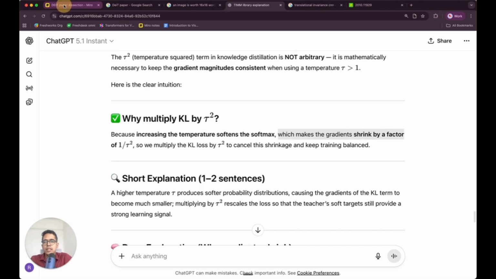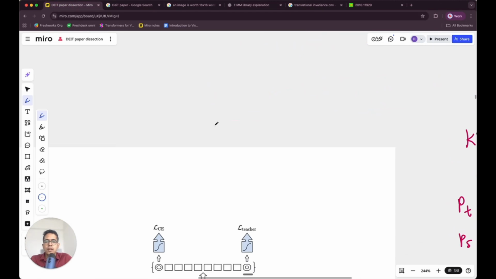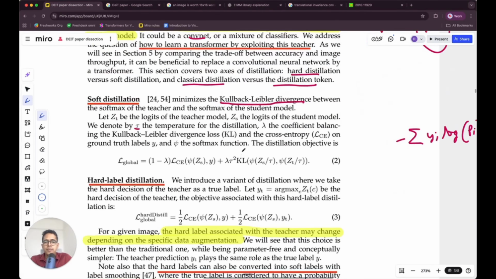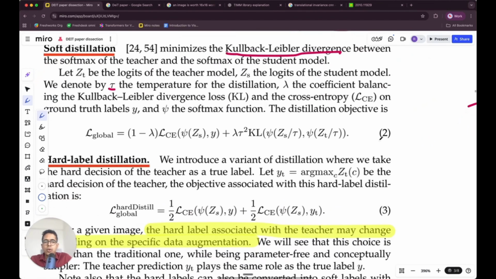So that is the reason why this tau square term exists. Because you are taking dou loss by dou weights, right, for gradient descent. So when you take the dou loss by dou weight, when there is a 1 by tau term inside the softmax, it will introduce an extra 1 by tau square term in the loss, and to cancel that you are multiplying by T square. So that is why T square exists.